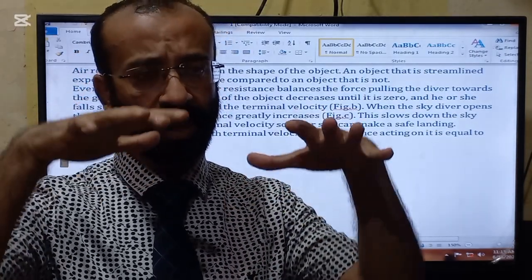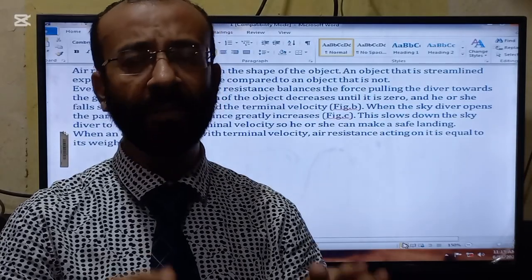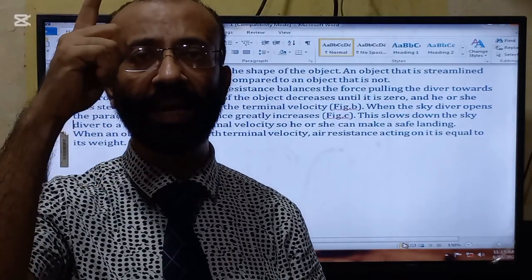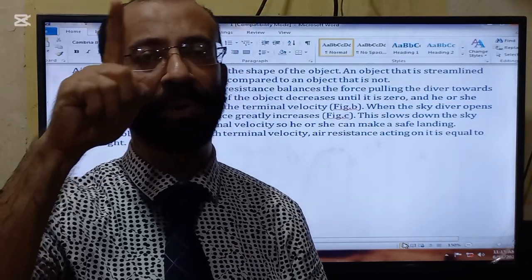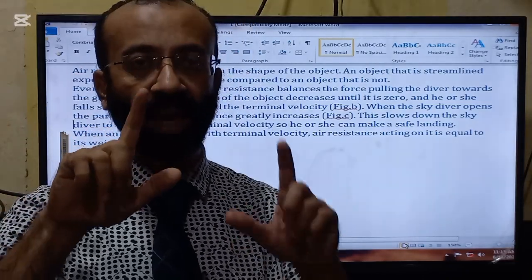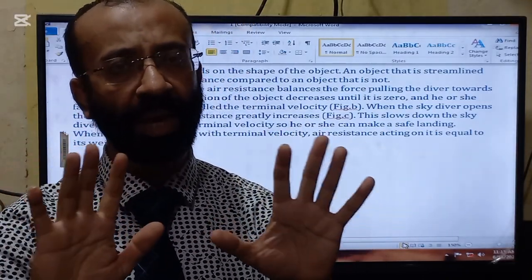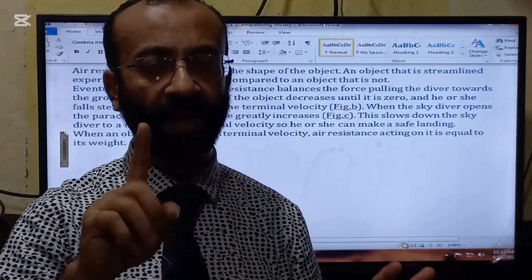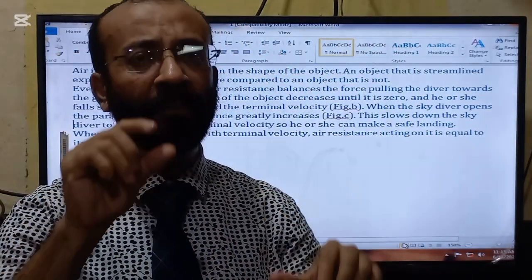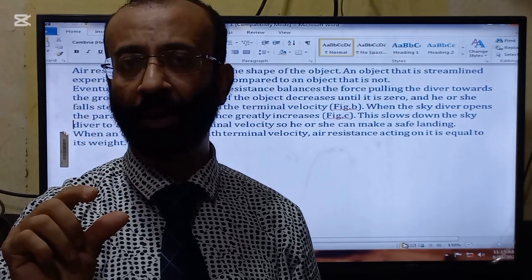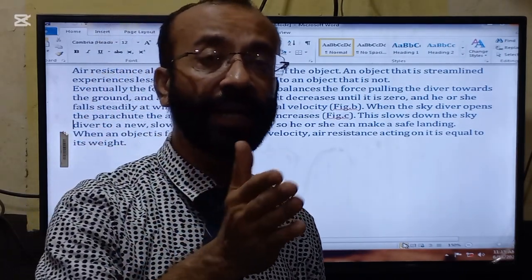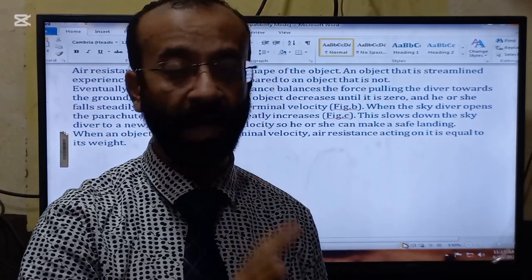So the body will go down very slowly now. But after some time again, the air resistance will balance the body weight and acceleration will become zero again. But it doesn't mean again that the body is not moving. So the body will fall with an even lesser velocity. That velocity will again be called terminal velocity.